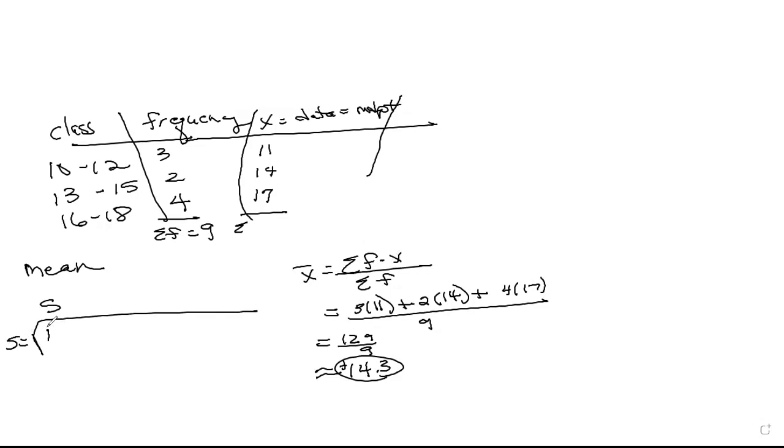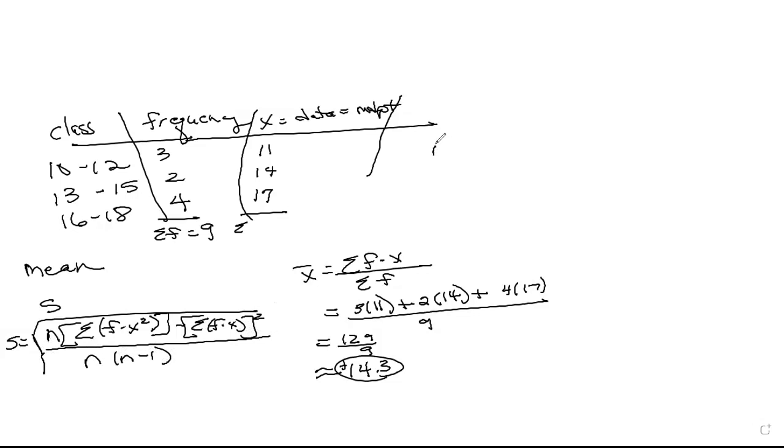So remember, it says n, and then you've got the sum of f times x squared, and then that bracket's closed, minus, then you've got the sum of f times x, and then the squared's outside the bracket. And all that is over n times n minus 1.